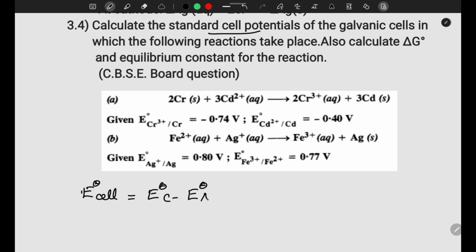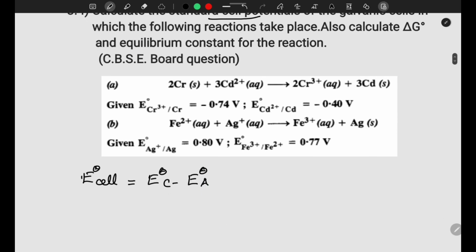Here the cathode is cadmium because we can see cadmium is undergoing reduction and also its reduction potential is higher than the potential of chromium. So let us take the difference, 0.40 minus 0.74. When we take the difference, we will get 0.34 volt.